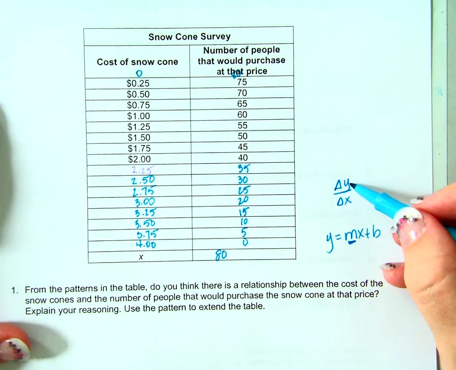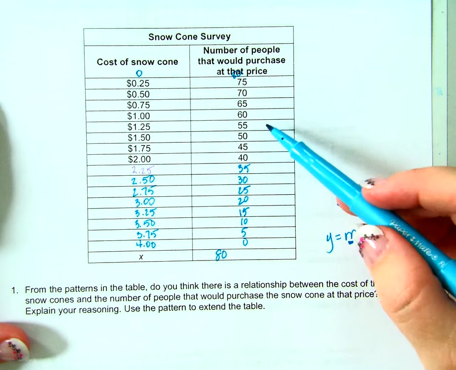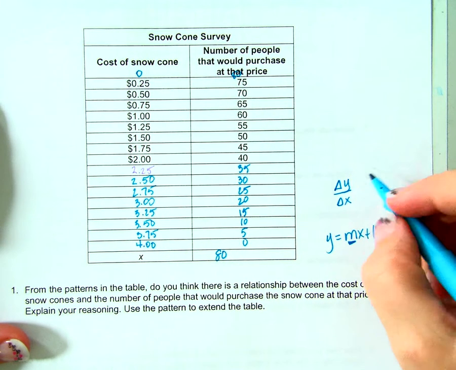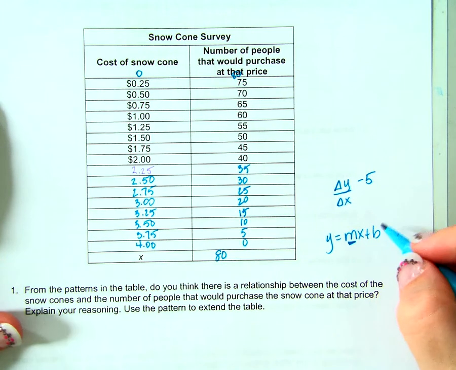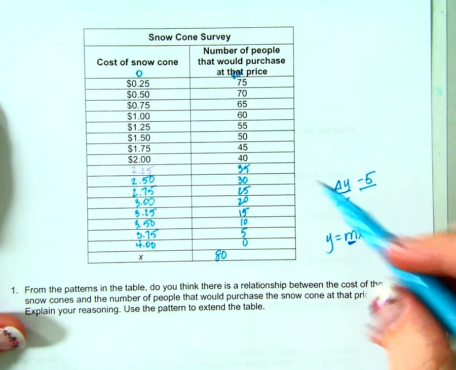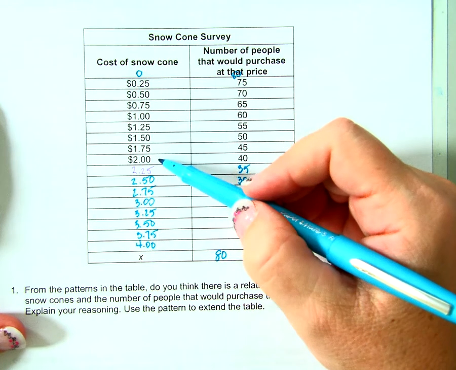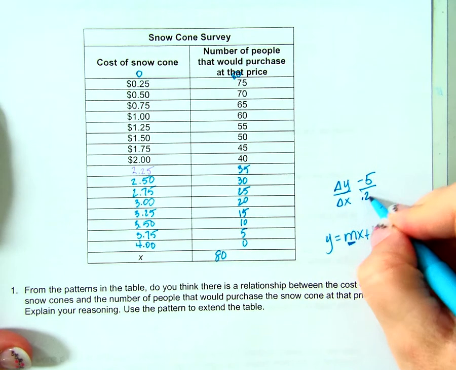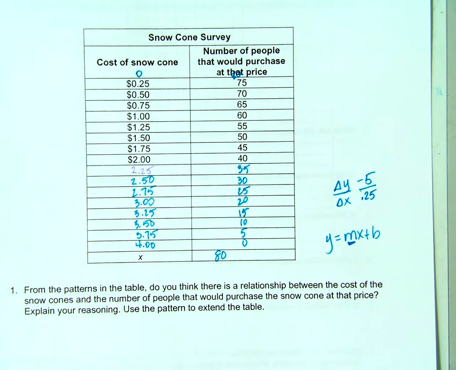So what's the change in my y's? -5, right? Why would it mean -5? Because it's decreasing. Okay. What's the change in my x's? 0.25. What is -5 divided by 0.25? Anybody know any way to figure it out?